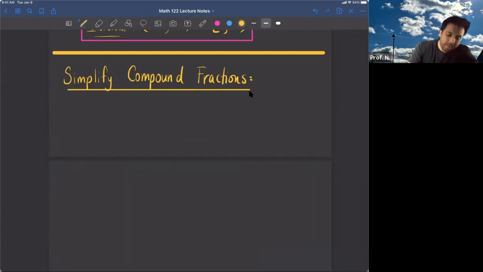So let's look at number 1. Number 1 has a fraction like this, x plus y over x. And all of this is divided by y plus x over y.